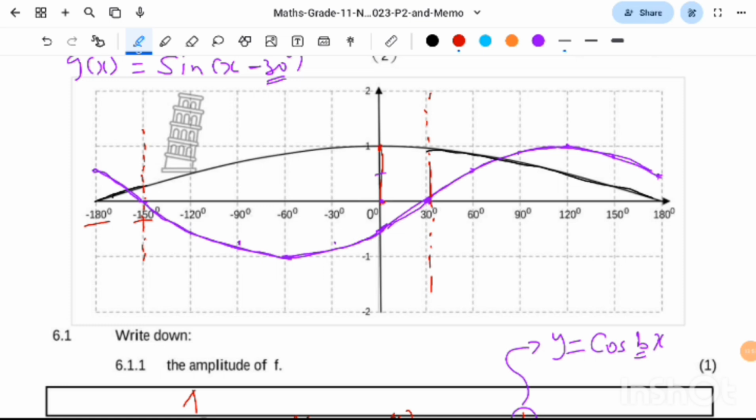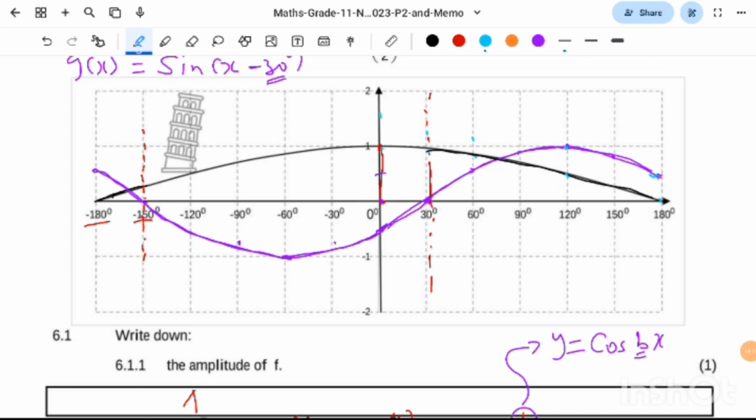So this value here, I'd rather use a different color. This value here will shift and come here. And this value will shift and come there. And this value is half, will shift and come here. And this value is 0, will shift and come there.